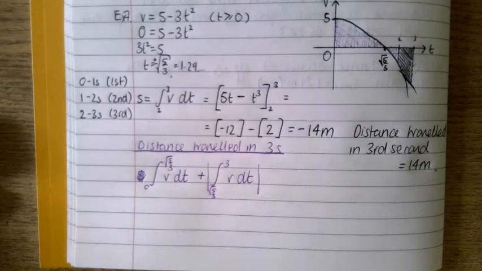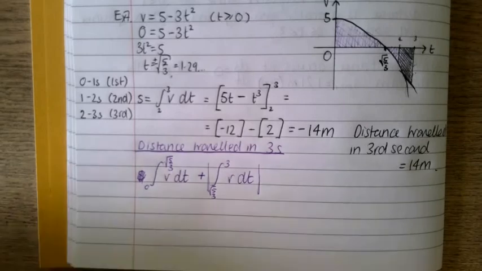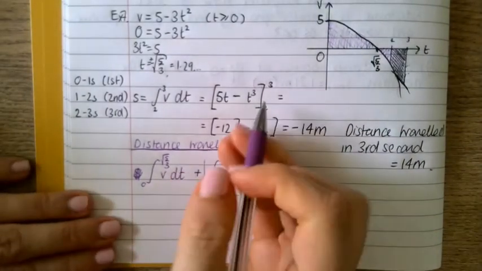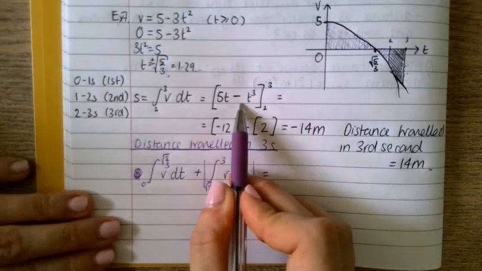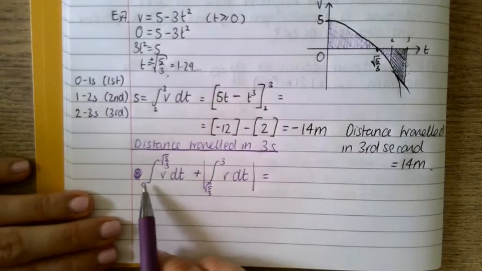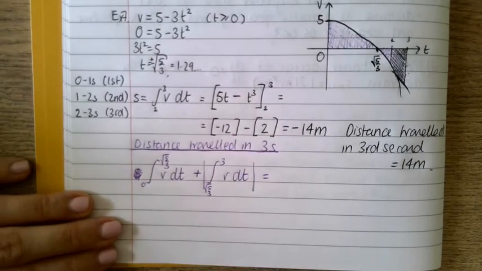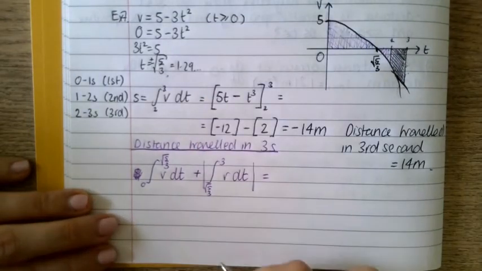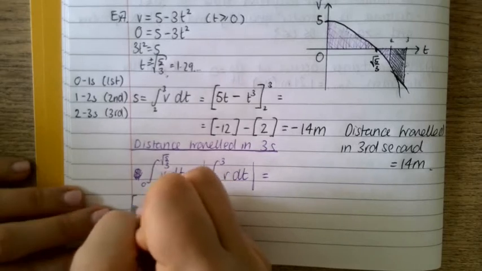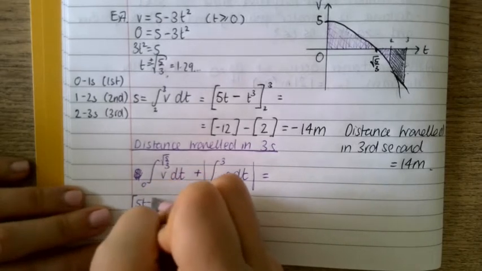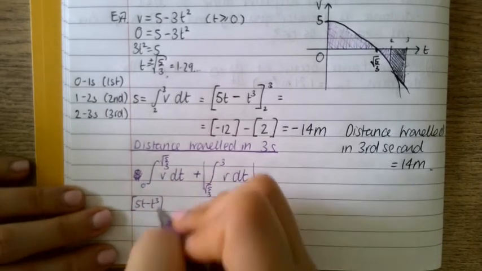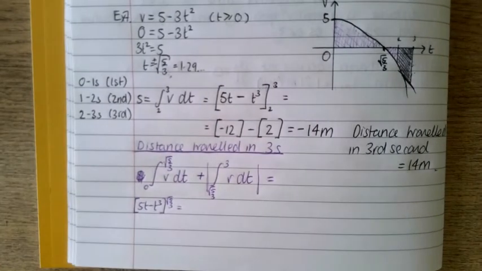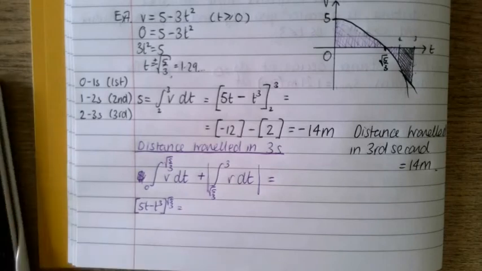So, I think the easiest way to do this is to evaluate your integral at these different limits. Okay, so 5t subtract t cubed at the limit root 5 over 3. I'll calculate that now.